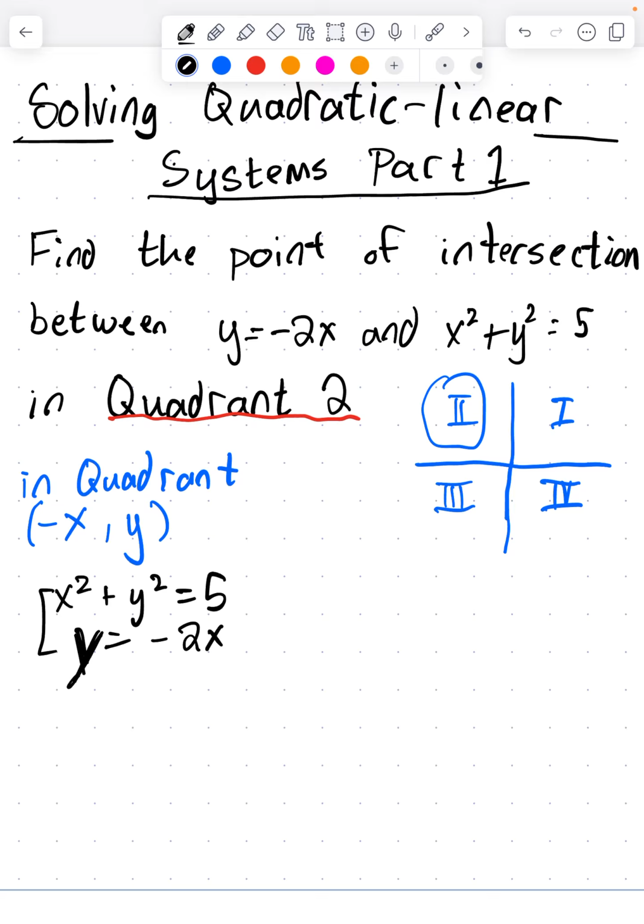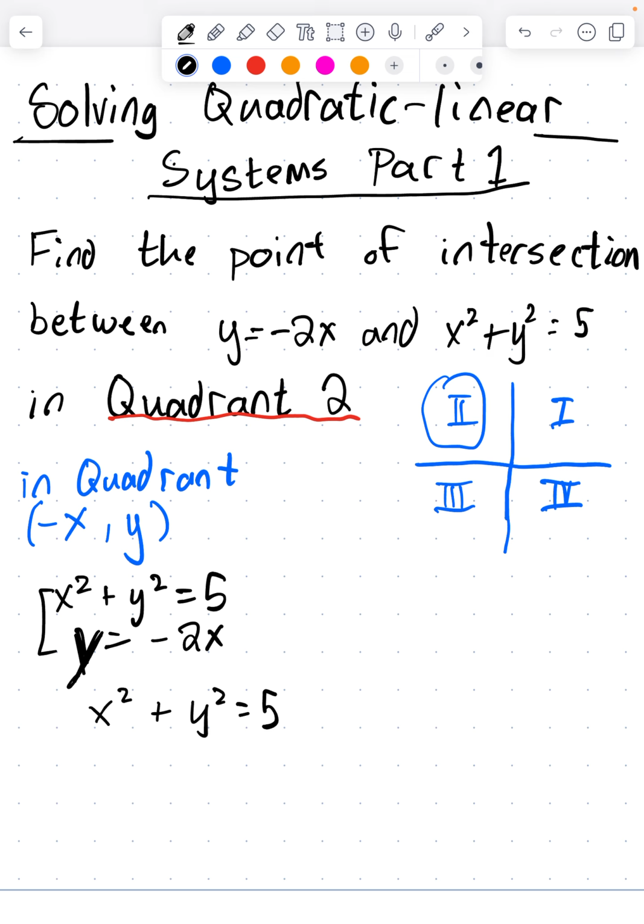y equals -2x. So once you isolate the y, you can plug it back into the more complicated equation to solve. So I'm going to write x squared plus y squared equals 5. This is the more complicated one. This is the equation of a circle, not to get ahead of ourselves.